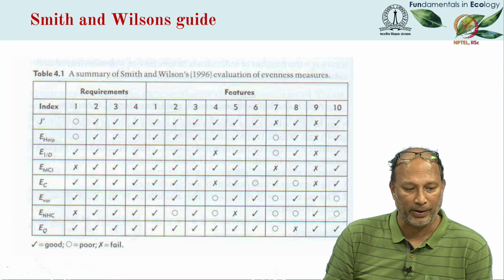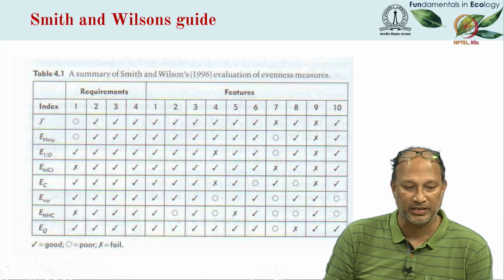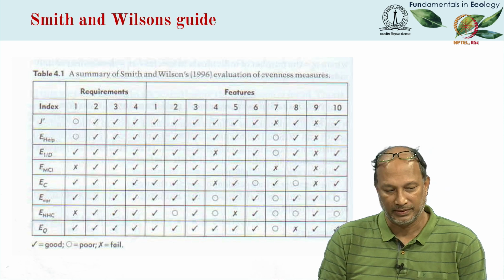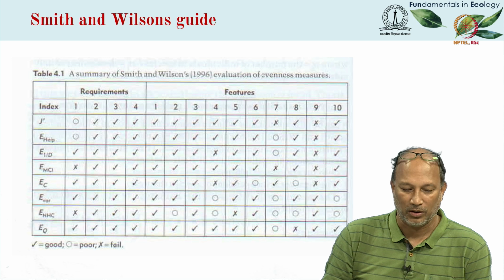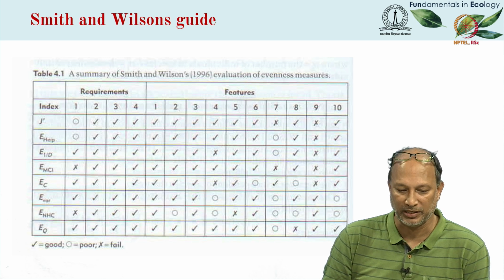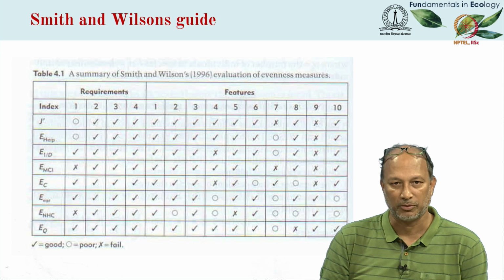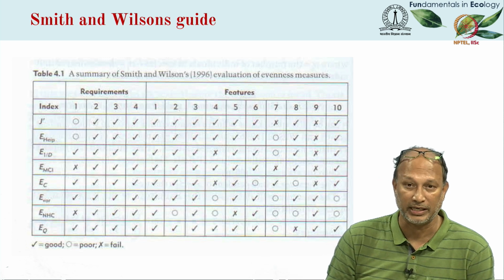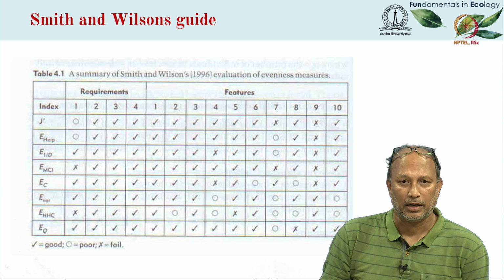You'll find a table where they've evaluated a number of evenness measures, and some of them fulfill all the requirements, and some of them also have many of the desirable features. So this is something that you might want to examine more closely later if you plan to use an evenness measure.